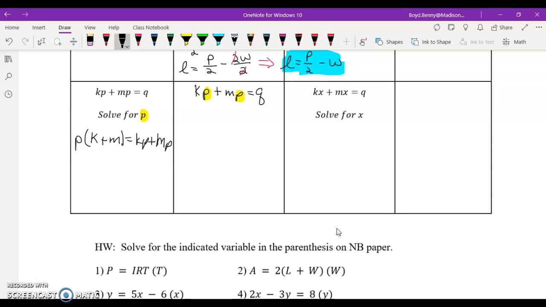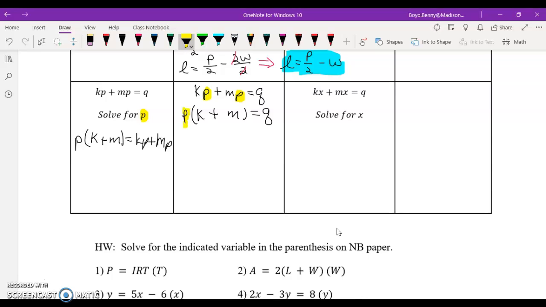Okay? So really what I need to do is undo the distributive property. So I'm going to put a p out front. p times k would be kp. p times m would be mp, so there must be an m here. Okay? Highlight my variable again.